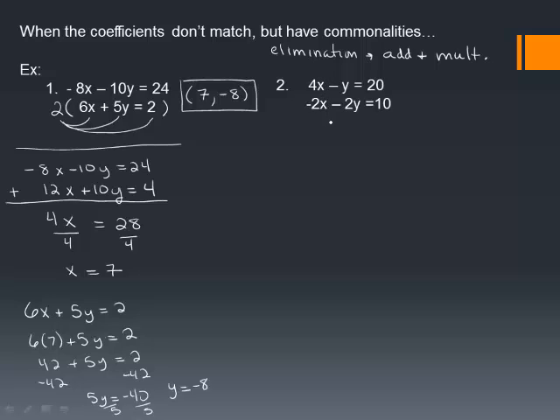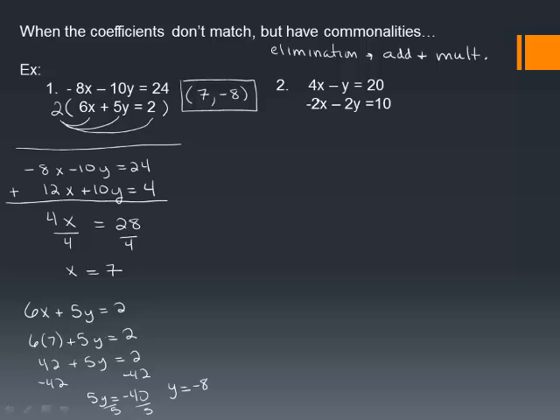Over here, I have two ways I could go. I have a 4 and a 2 on the x, negative and negative, and I have a y and a negative 2y. So negative y and negative 2y. So I can either multiply this top equation by negative 2, which will make this positive 2 and negative 2.